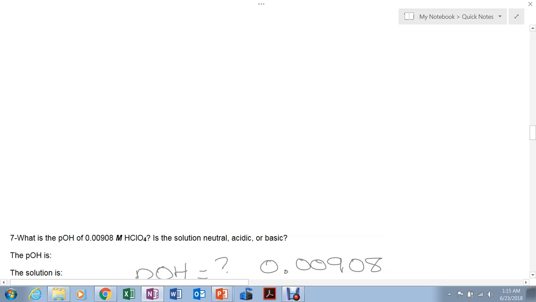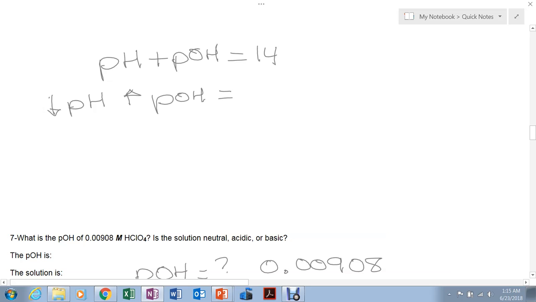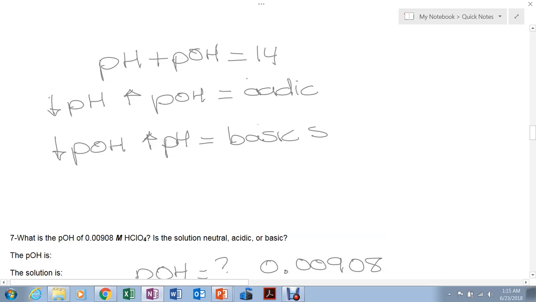As pH plus pOH have to give you a constant value of 14, lower pH and higher pOH is acidic. If you have lower pOH and high pH, it's going to be a basic solution. And if it's 7, it's neutral.